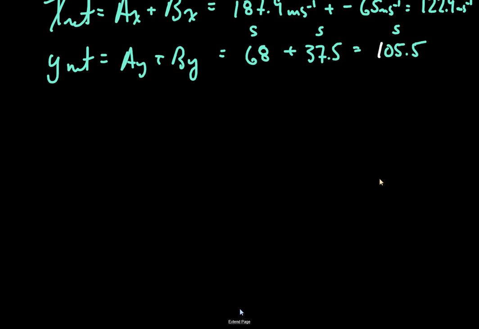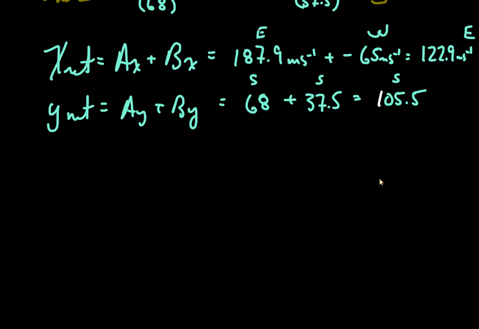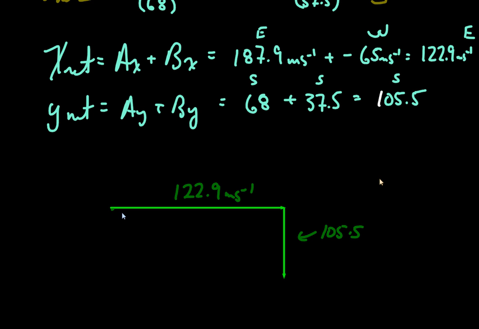Okay, and so now our last step is to find the new right angle vector. So it's east and south. Values would be 122.9, and notice that it's less than 200, which makes sense, and 105.5, and we need to find this and this.